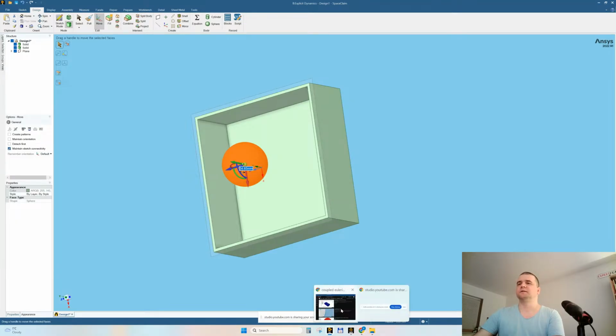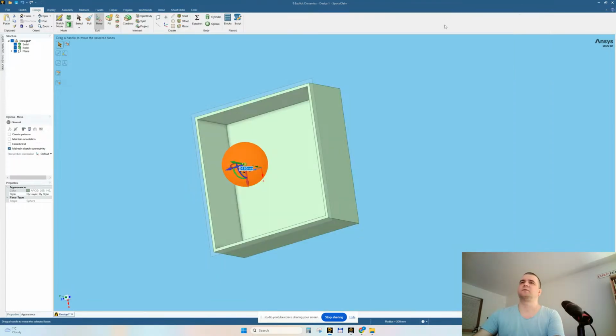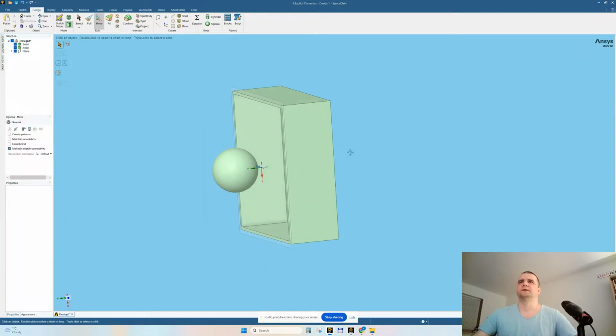For our example, let's come from above, okay? We will start with the simple approach. Then we will complicate it, because I would like to simulate the airplane touching the water, and hopefully it will also lose its engines. So we will start from very simple to more advanced, okay?